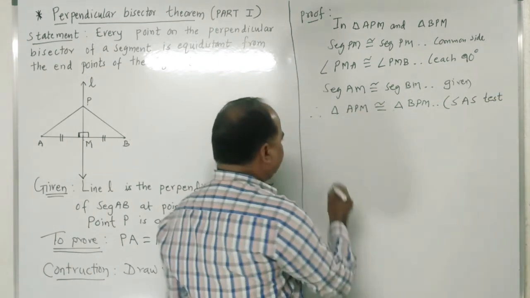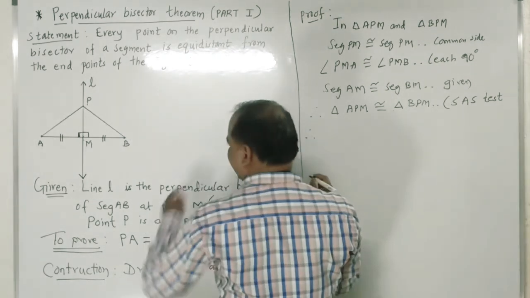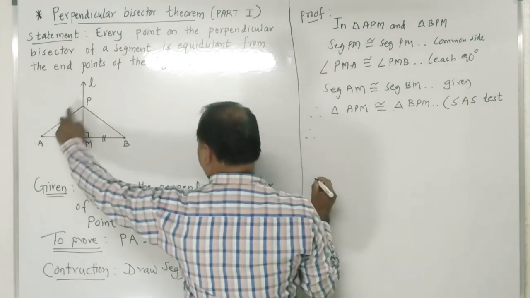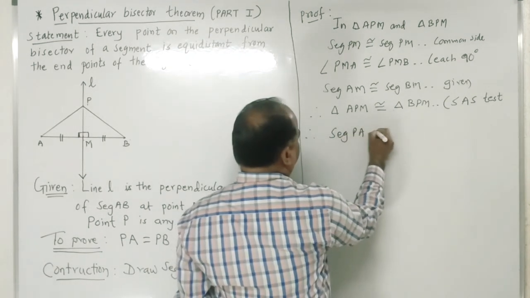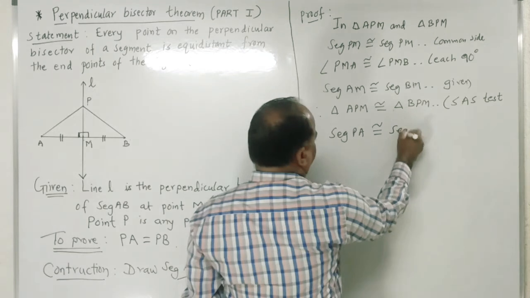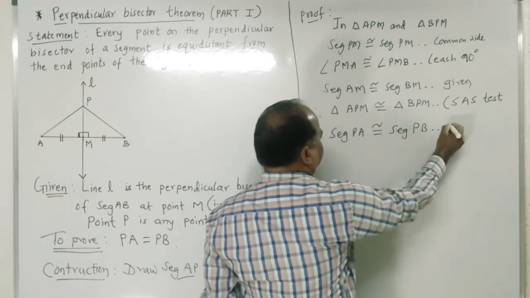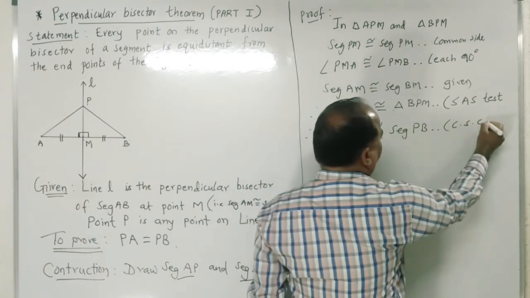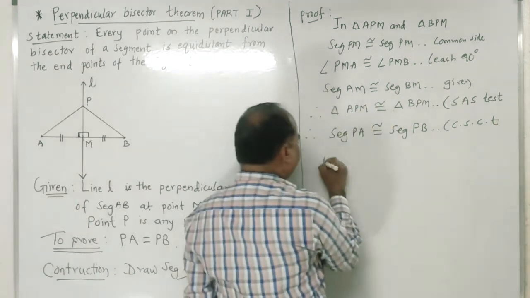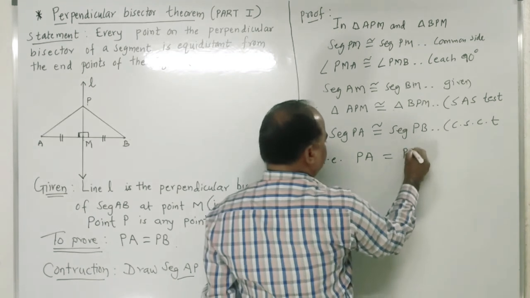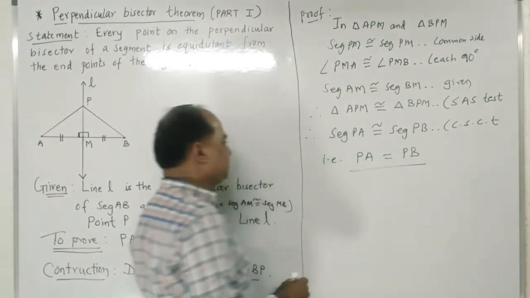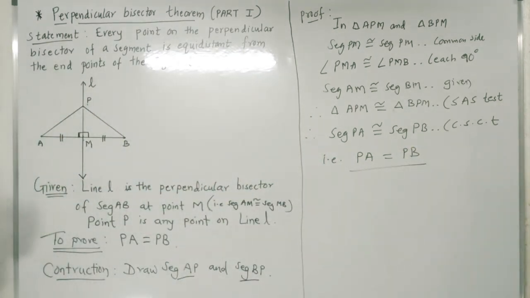Therefore corresponding sides are congruent once the triangles are congruent. Therefore segment PA is congruent to segment PB, corresponding sides of congruent triangles. That is, PA is equal to PB. Thus we have proved the theorem.